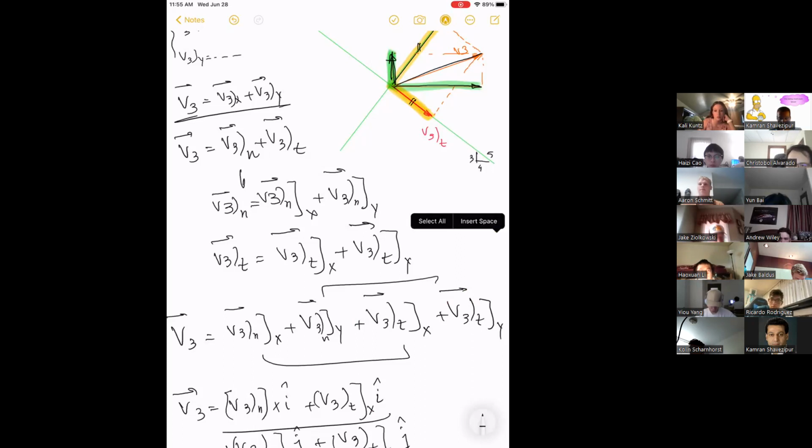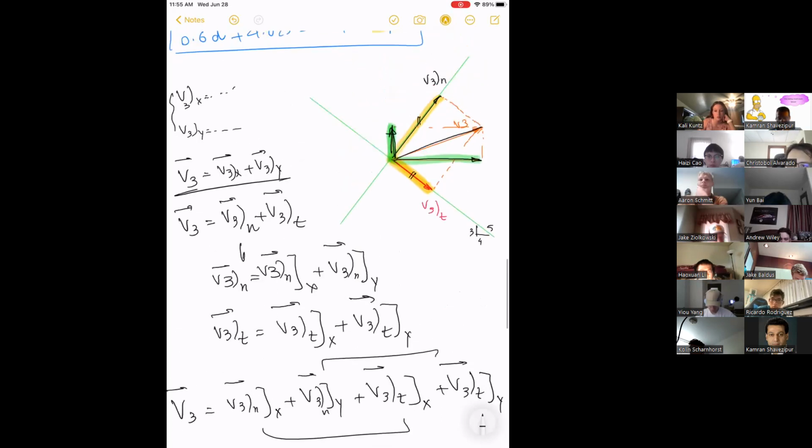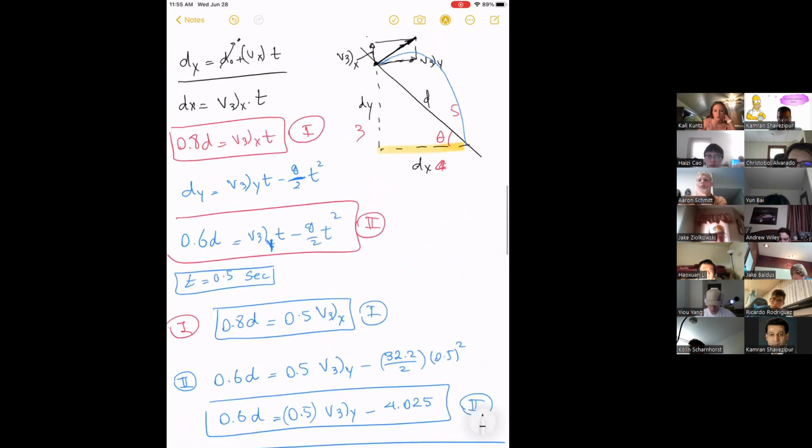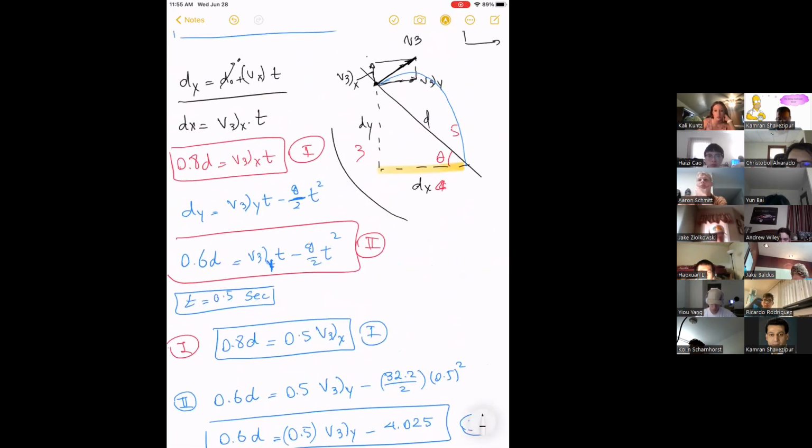That's what I'm doing. You see, when you say tangential, why can't I do that? Because projectile motion is about x and y.